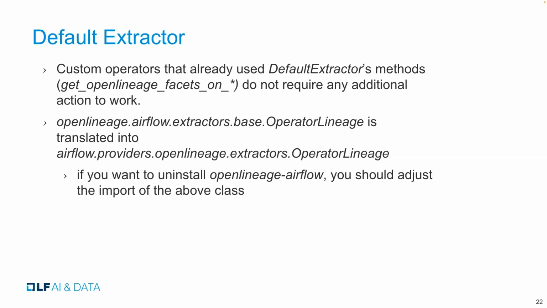So if you have implemented some get_openlineage_facets method previously that's based on the old module and class, you do not need to worry about it because this is translated. But obviously, if you uninstall OpenLineage Airflow, you will fail to import the old class. So in this case, if you uninstall it, you need to change the import path.